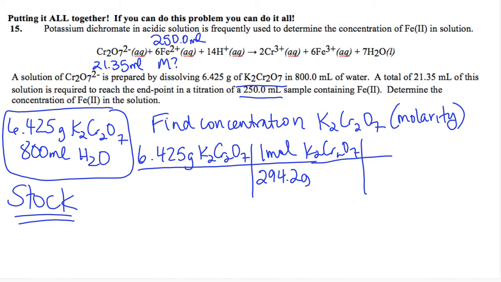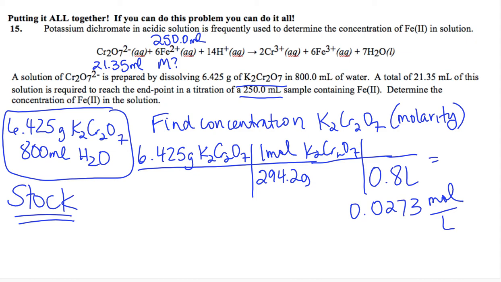And then we used that, and of that, we used 21.35 mL of it after the fact. So what do I put down here? 0.8 liters. So this will give me the concentration of my stock solution, and it comes out to be, I got 0.0273. All right. Now, hang on a second.